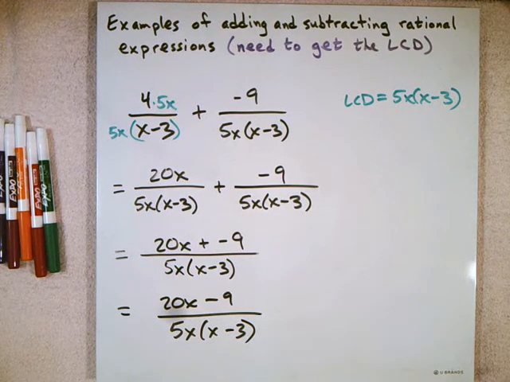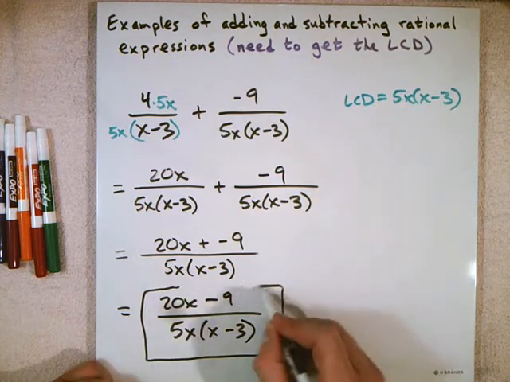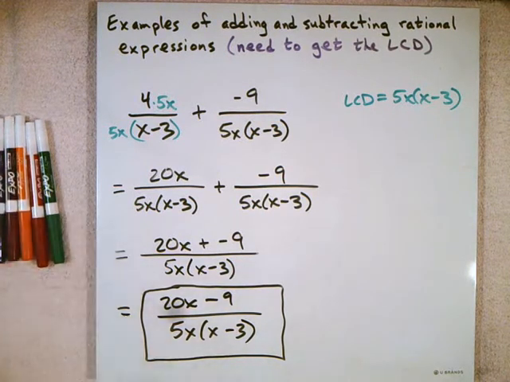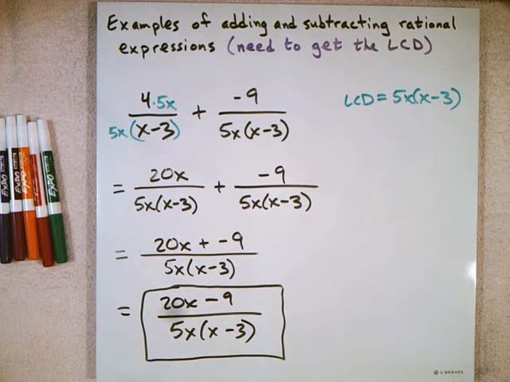So we put a lot of effort into making that LCD as small as we possibly could, and that really pays off big time toward the end. If you don't spin that one piece around by factoring out negative 1, or if you don't do the factoring and canceling, then the LCD will be more complicated. You can still get to the answer, but it's going to require a bit of factoring and canceling toward the end of the problem.